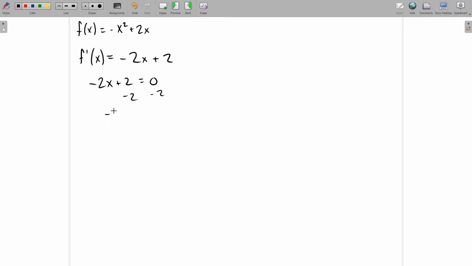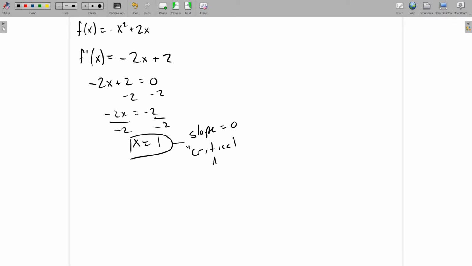So we can subtract 2 from both sides and then divide by the negative 2 in front of x and get that x is equal to 1. So this is where the slope is equal to 0, the slope of the tangent line specifically. This number that we just found is also called a critical number.